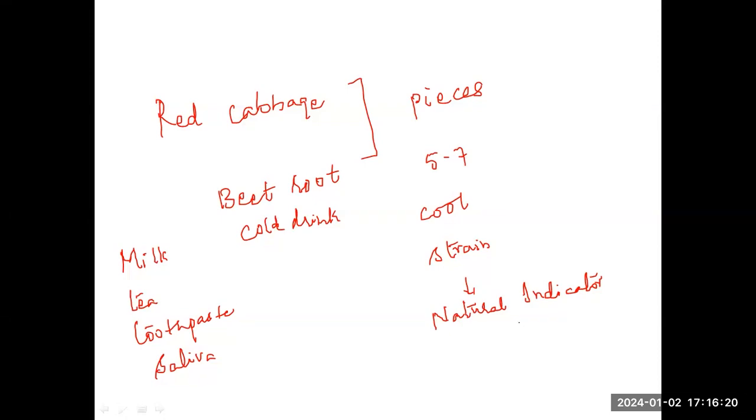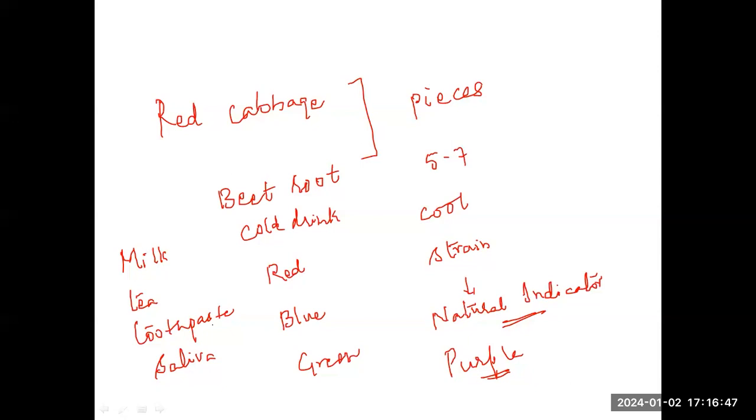You will see that this natural indicator, which is originally purple in color, will give different shades. With acidic substances, it gives shades of red. With basic substances, it gives shades of blue. And with neutral substances, it becomes green.